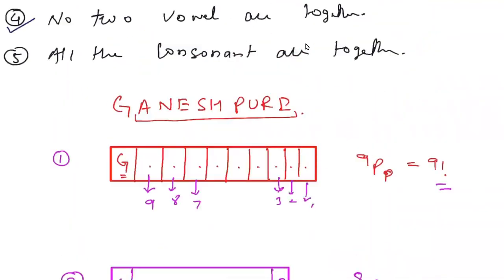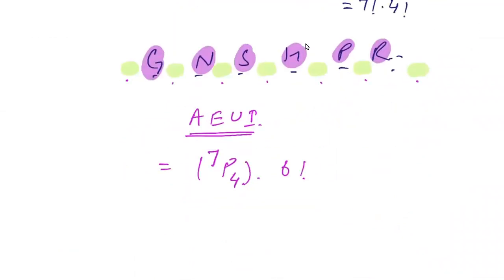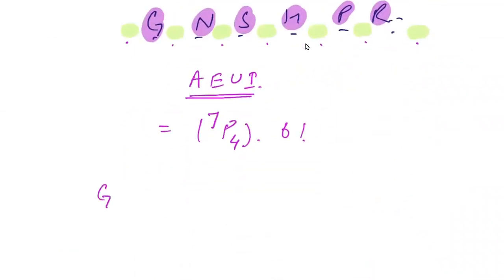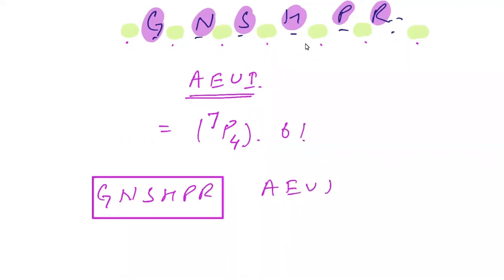Next is all the consonants are together, right? So G N S H P R and A E U I: this is 1, 2, 3, 4, 5.